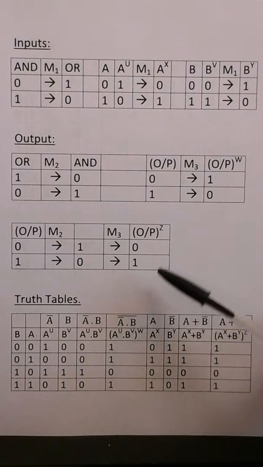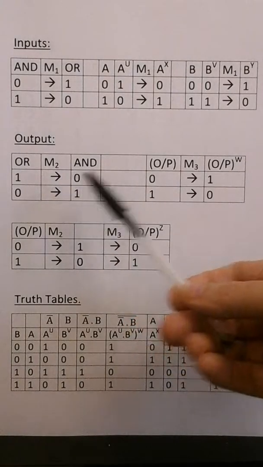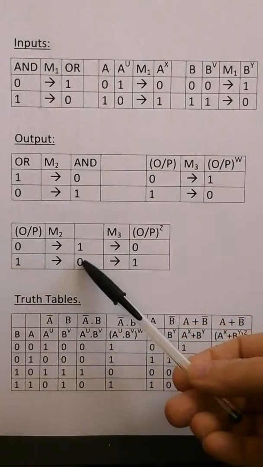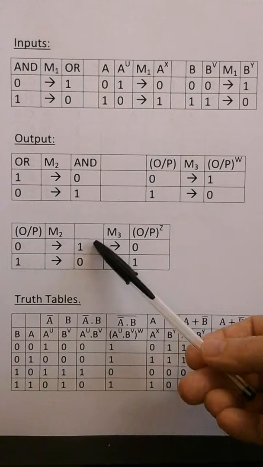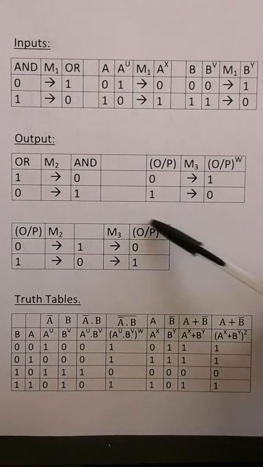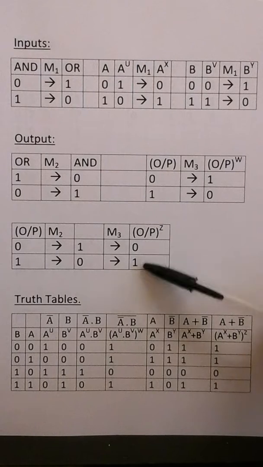For the output Z of F2, we first apply mapping M2 and then M3. So a 0 goes to a 1, a 1 goes to a 0, and a 1 goes to a 0, and a 0 goes to a 1 here. So the output of the OR function has no complementation on it.